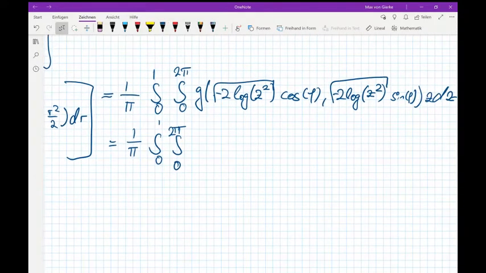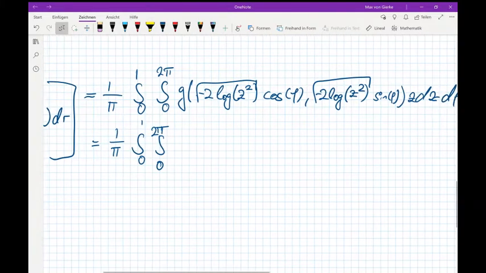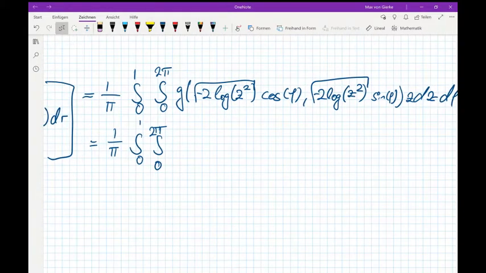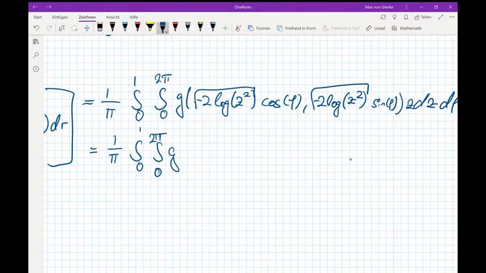Because we now want to do another transformation, for this it's useful to have z squared here, because if you look at what we want to show, we have this part we needed.